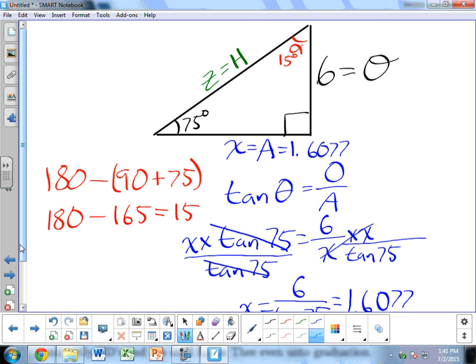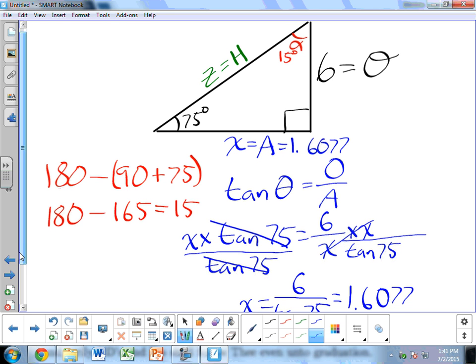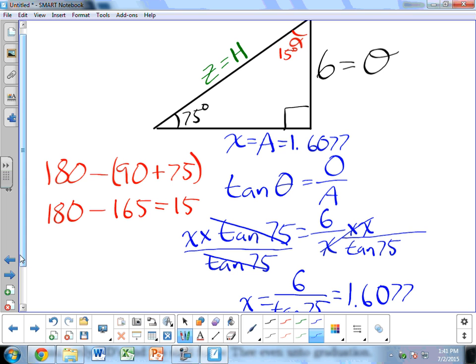Now again, I could use either the adjacent or the opposite. However, I would recommend using the opposite since the opposite is the exact number and the adjacent is something that's rounded. So in this case, to find the hypotenuse, I'm taking the opposite divided by the hypotenuse. And we need to figure out which trig function to use.